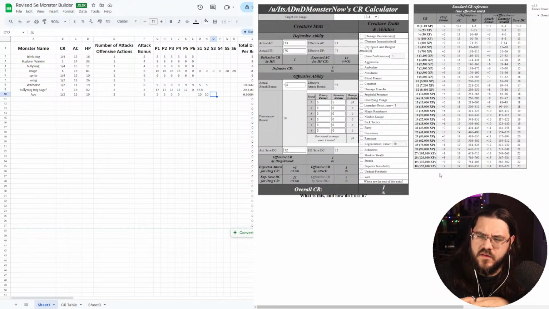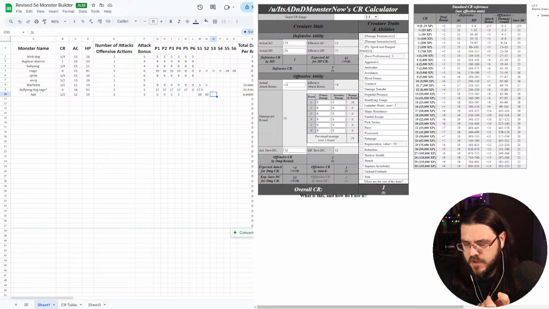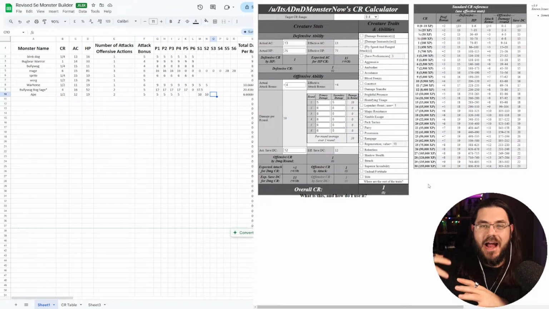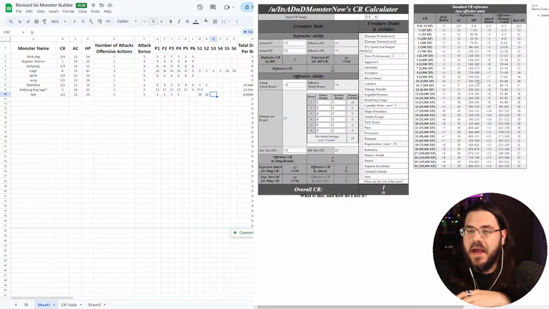I think this is all HTML. Pretty sure I've got a copy of the HTML code. HTML, or is it Java? I've got a copy of the code that makes this up knocking around somewhere, because I've been very paranoid that this would just vanish from the internet. But this just takes all of the maths from the 2014 DMG monster building section and puts it into a user face, which is incredibly useful.